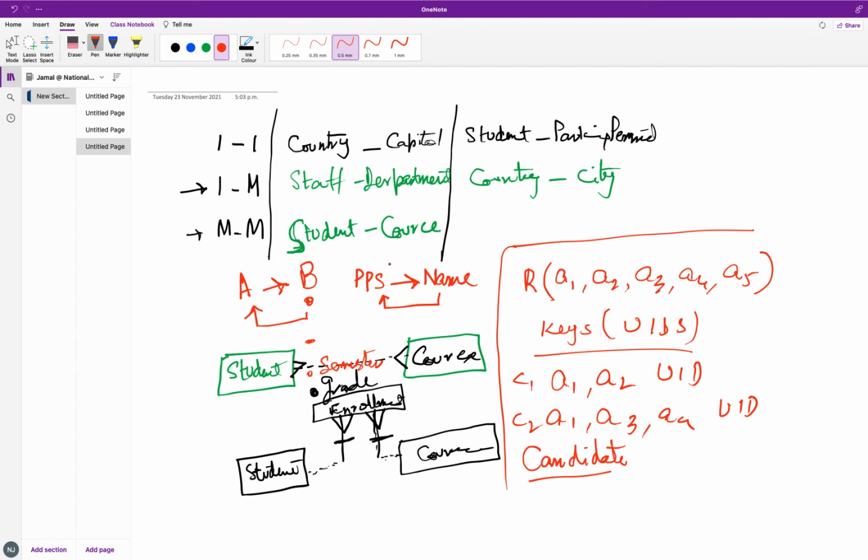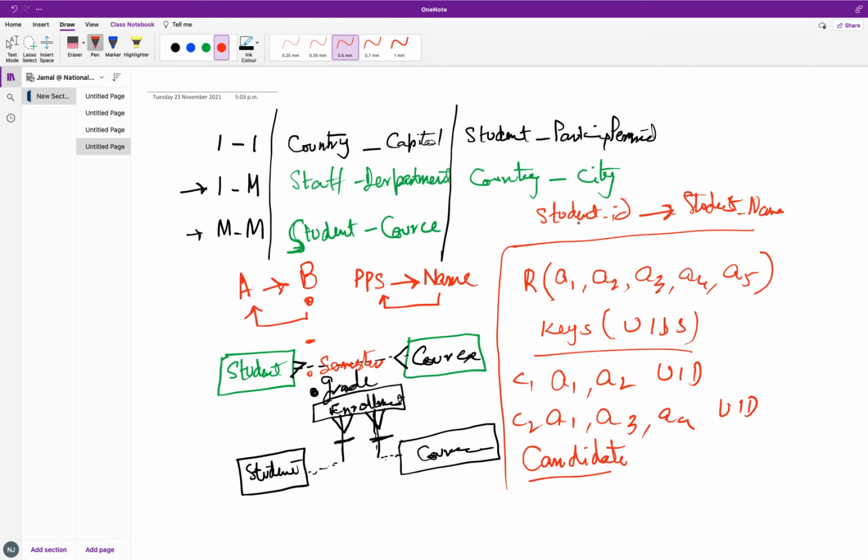Because this PPS number is unique. So this name is functionally dependent on PPS number, right? For example, student ID defines student name. Student name is functionally dependent on student ID.